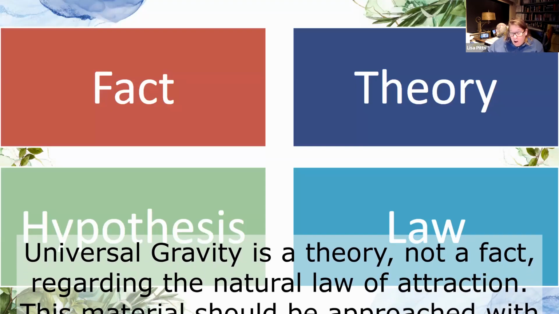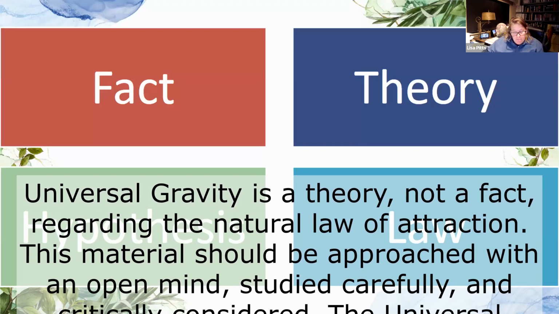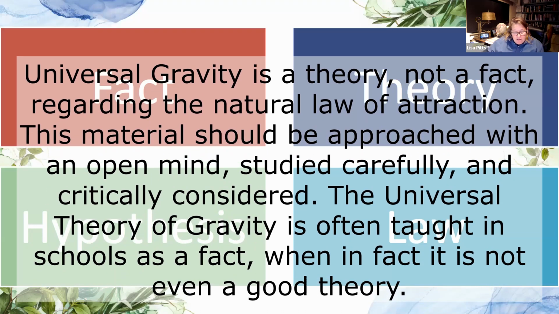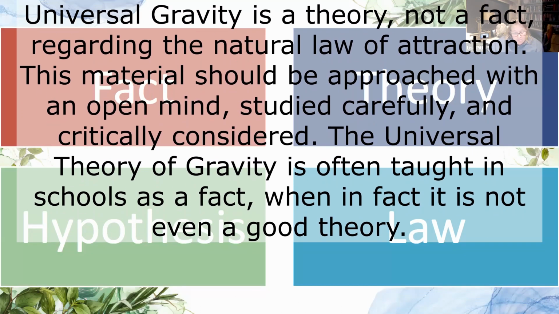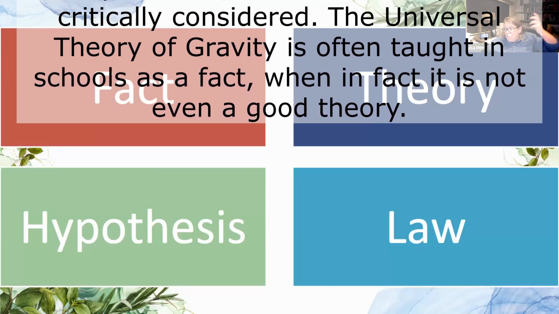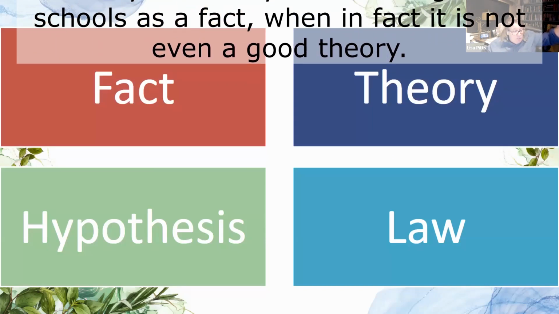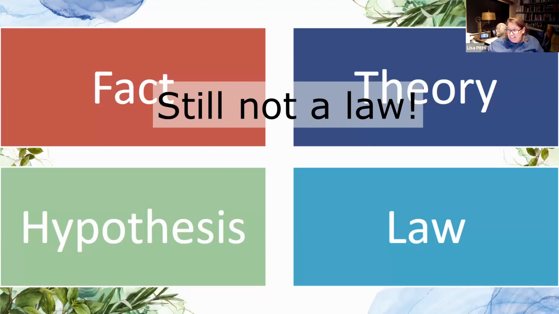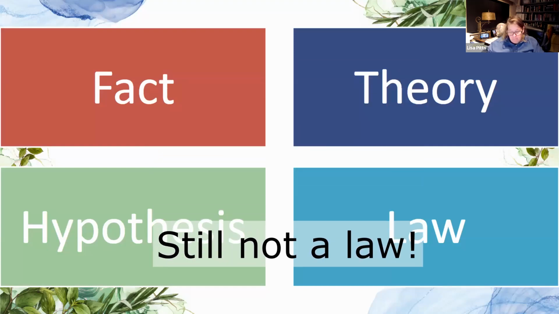It's not a law. It's still a work in progress, but the phenomenon of gravity, like evolution, is accepted pretty much as a fact. If I drop something, it's going to fall down. It's going to be attracted to the earth, right?